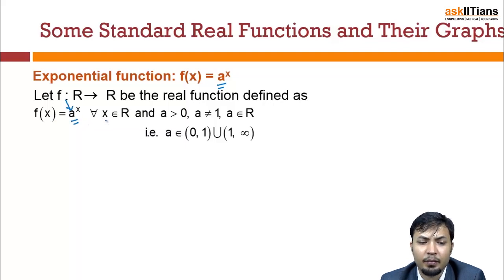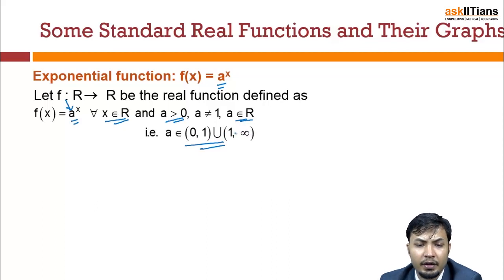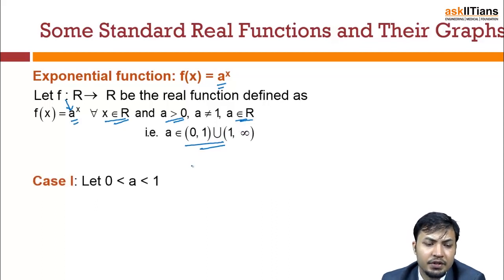Over here again my x will belong in R, and a will always be greater than 0. a cannot be 1, a will be in R. So in this case, you see where my a lies: from 0 to 1 union 1 to infinity, but it cannot be negative.